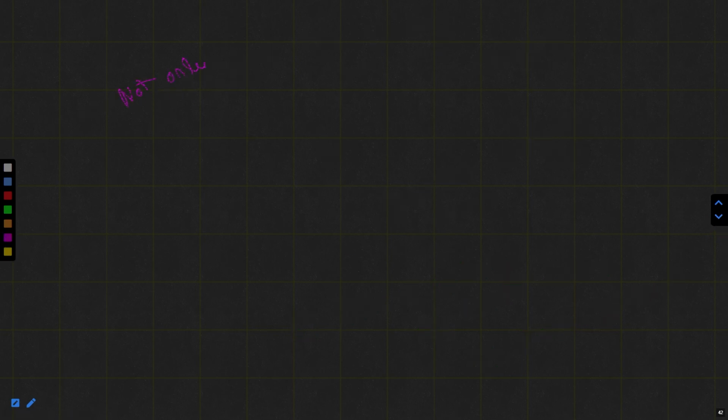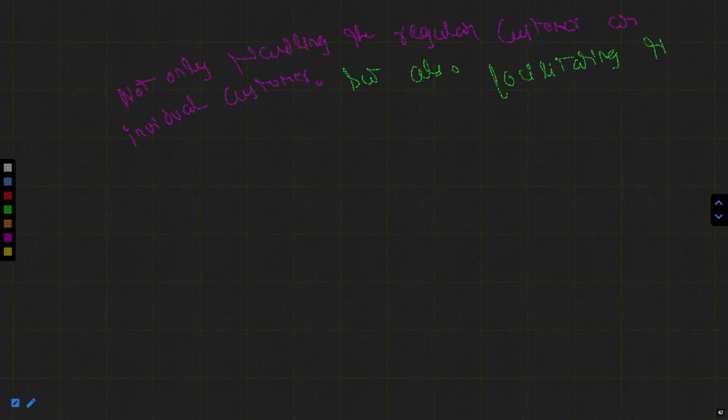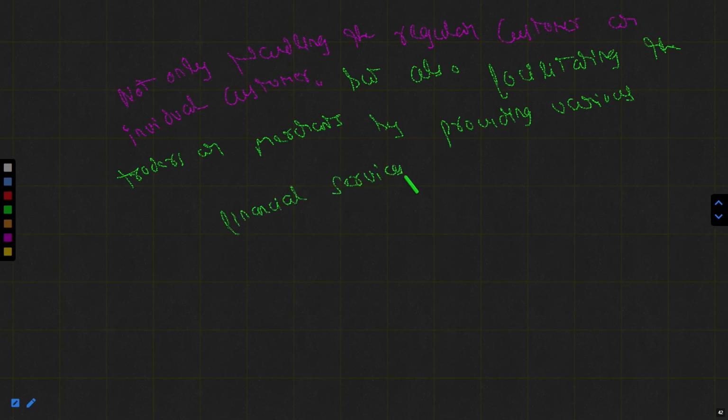All right. So it means they are not only handling the regular customer or individual customer, but also facilitating the traders or merchants by providing various financial services.